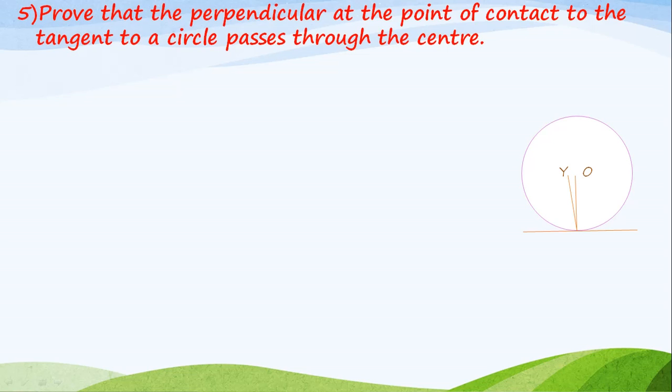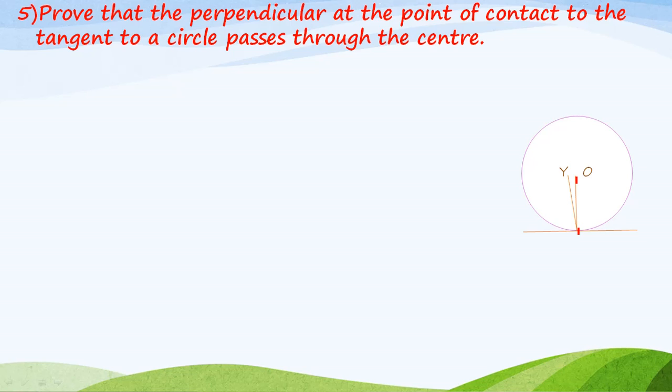Prove that the perpendicular at the point of contact to the tangent to a circle passes through the center. This is the point of contact, and the perpendicular at this point of contact to the tangent passes through the center of the circle. O is the center of the circle.